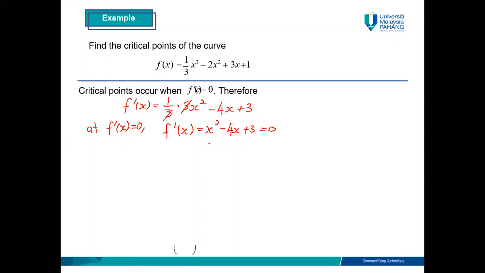What's next? You have to factorize because we want to find the critical points. So x squared, we split into x and x, with 3 and 1.